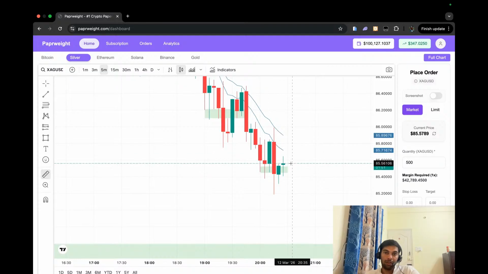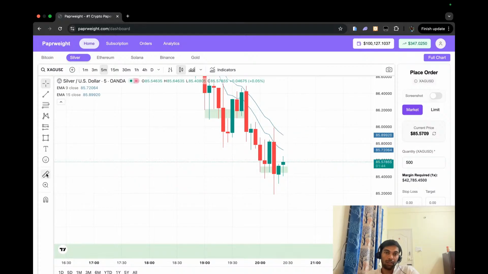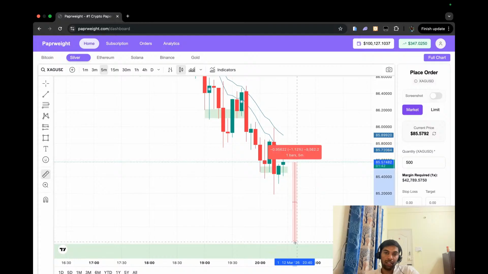But first, we have to calculate the stop loss. $70, $60 stop loss. The opportunity is like that we can capture until here.